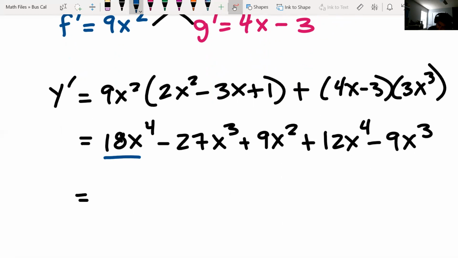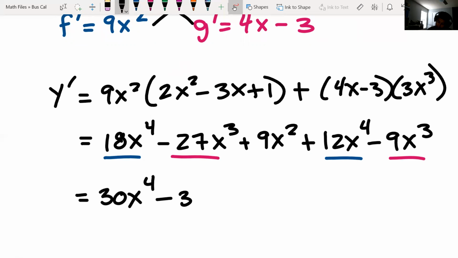I have 18x to the 4th and 12x to the 4th, 30x to the 4th. Then I have negative 27x cubed and negative 9x cubed, that's negative 36x cubed.